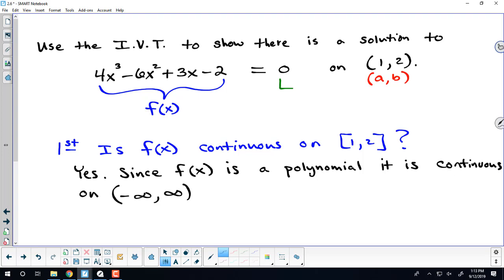So it's continuous on its domain, and therefore continuous on [1, 2].